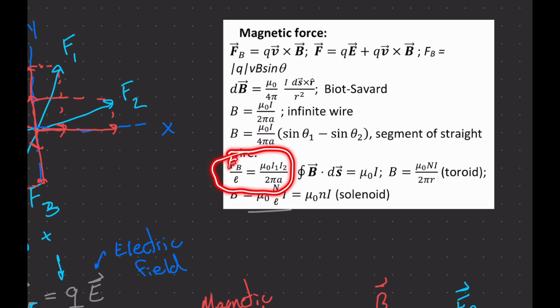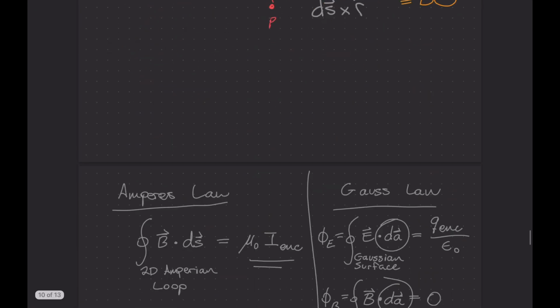F_B over L is equal to mu naught I. It looked kind of similar to the equation of a wire over here. And what this is, I'll show you right over here. Remember how we learned there's wires that carry current, and due to the Biot-Savart law and using the right-hand rule, you could see that they create a magnetic field that goes around like this.